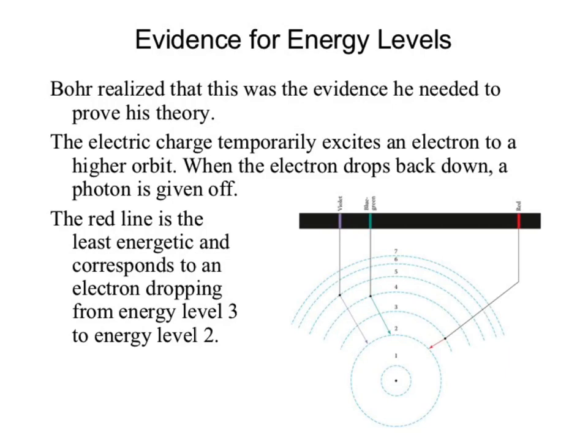So if we actually scaffold this out a little bit further, our diagram now shows 7 orbits: orbit 1, 2, 3, 4, 5, 6, 7. There are 7 orbits for all elements on the periodic table. Sort of. There are 7 energy levels. And that's what's really happening when we're seeing the atomic line spectrum.